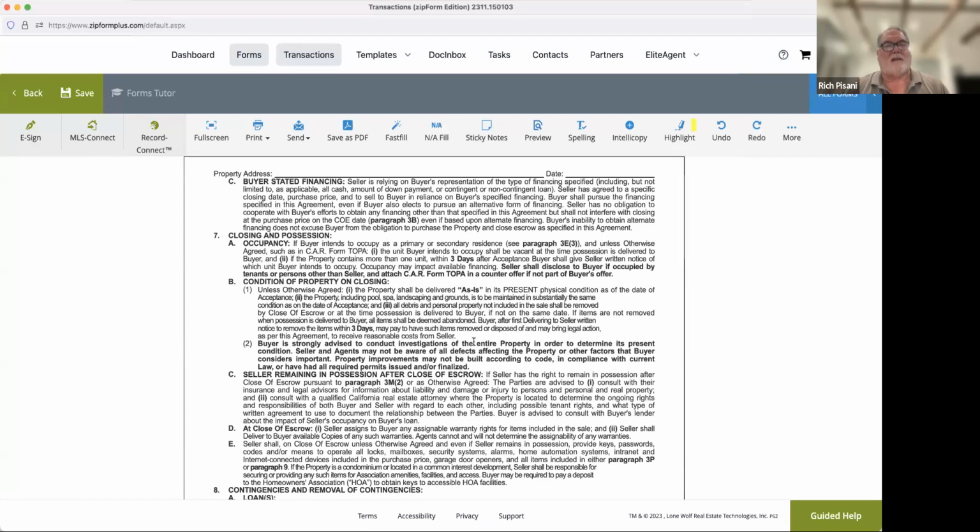This is in the contract, as is, in its present physical condition as of the date of acceptance. The property, including pool, spa, landscaping, grounds, is to be maintained in substantially the same condition as on date of acceptance, meaning they can't suddenly stop the gardener, stop the pool service. It has to be maintained.